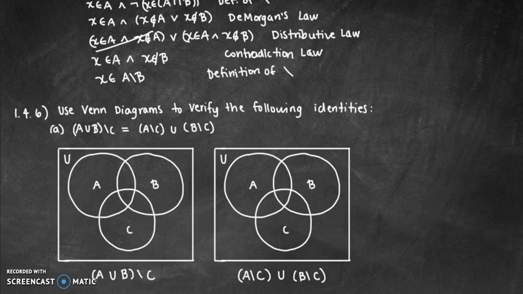So you have A union B, and then we have minus C. So we're going to take out any portion that overlapped with C, and that's going to be these over here. So I'm going to just erase that.